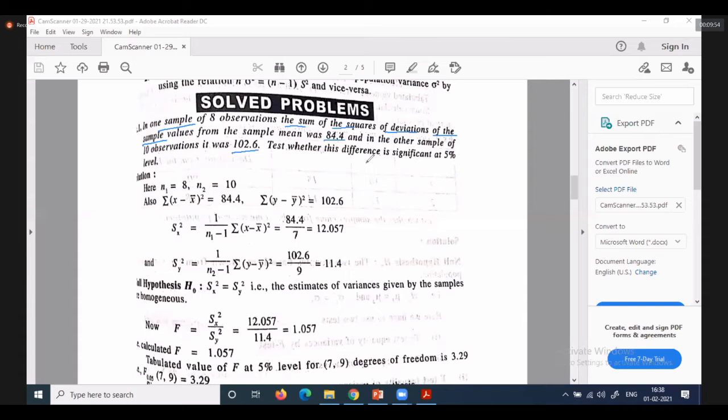Test whether this difference is significant at 5% level of significance. This terminology is important.